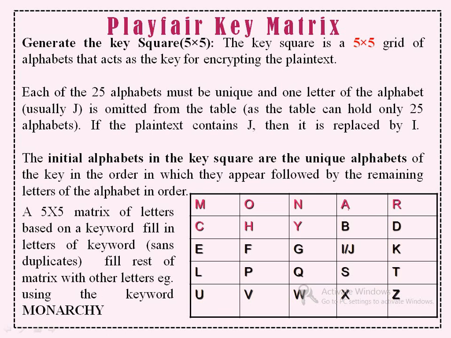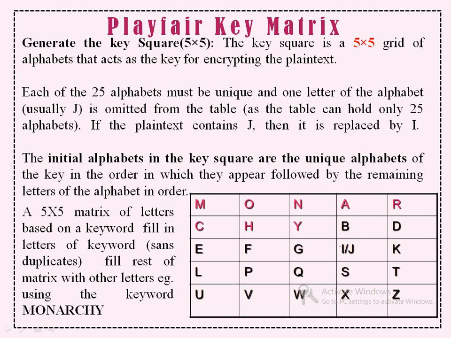In MONARCHY, A has already been used, so the letter that we are substituting over here is B. So we start filling up with the rest of the alphabet which has not been used in the key. B is over here, then D. Why? Because C has already been used. Then you can see E, F, G.